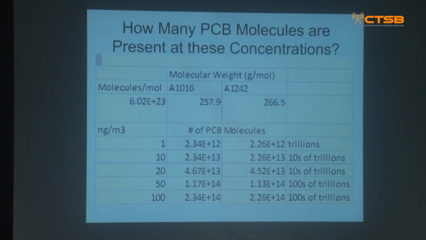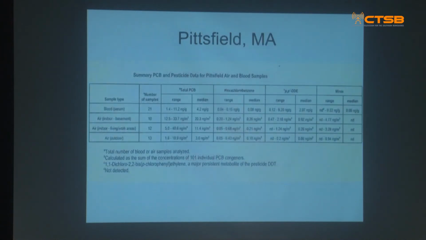Remember I said the boundary between safe and unsafe is 1 molecule in my judgment. So even these low levels, they may not be reflected as high levels in your blood, but they're a pile of PCBs. Okay, let's move on to Pittsfield.